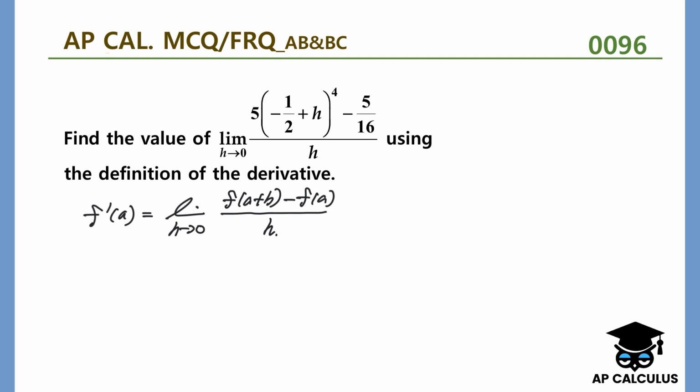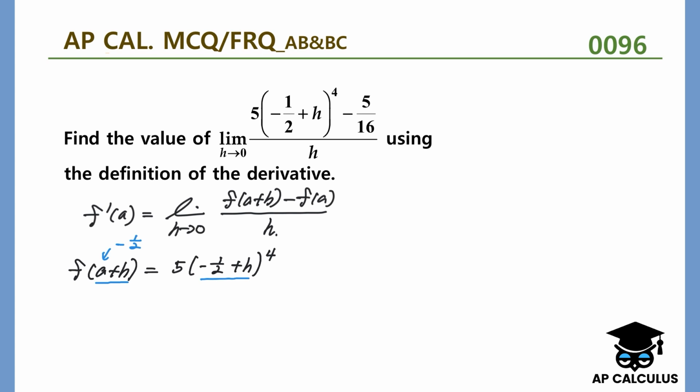First, this expression has to be equal to this expression, and this expression must be equal to this expression, right? So f of a plus h must be equal to 5 times negative 1 over 2 plus h to the power of 4. And by looking at this input, negative 1 over 2 plus h, we know that a must be equal to negative 1 over 2.